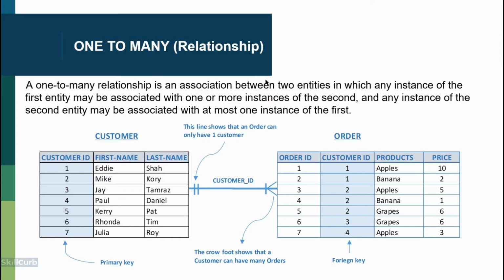All right, so the second type of relationship is the one-to-many relationship. This is one of the most common relationships that you'll find between tables. If you look at the example, it's between customer and order table. So if you logically think of a scenario where a customer can have multiple orders, like if you go to Amazon, you can put 3 orders.